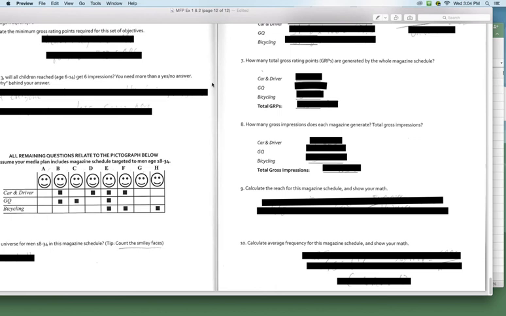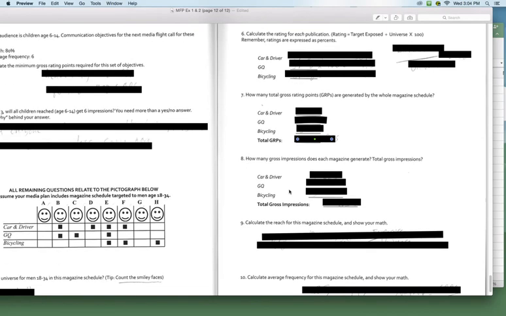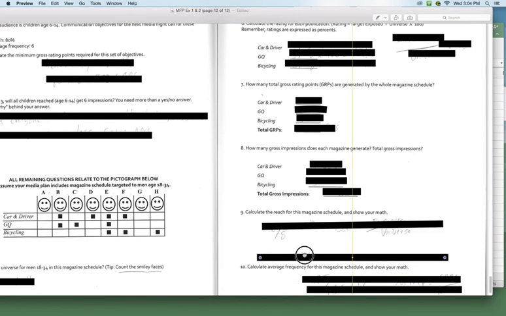And in GRPs, in this case, we've calculated total GRPs up in question number 7, and total GRPs was 125. So we also want to look for the reach, and we know this one, which is 75, because of what we just calculated down here.